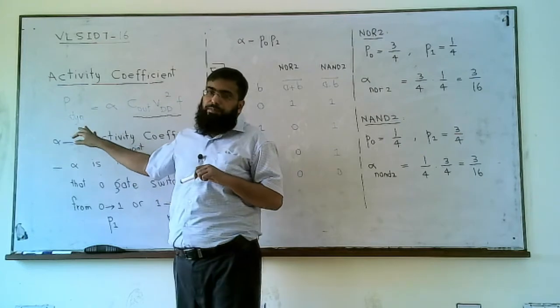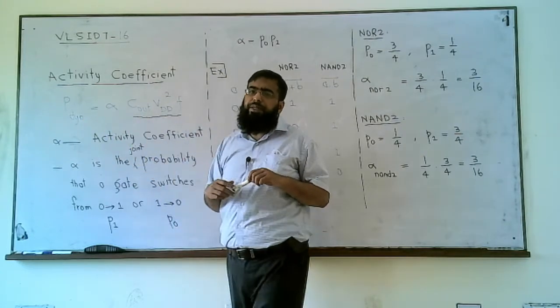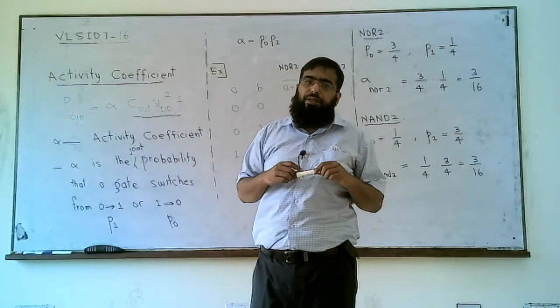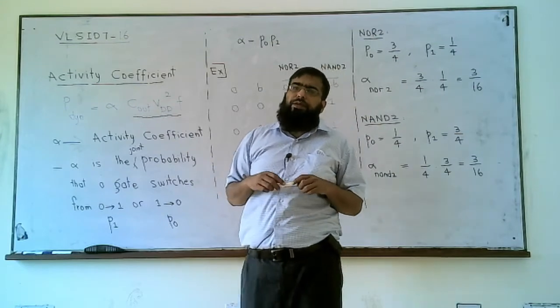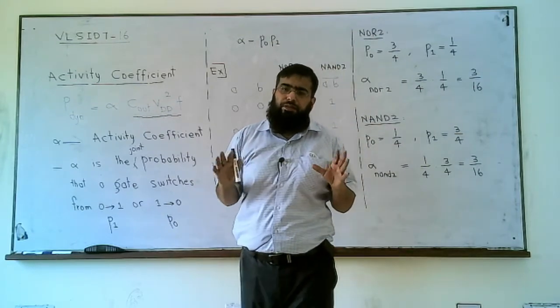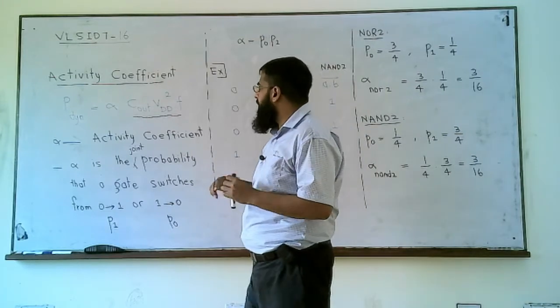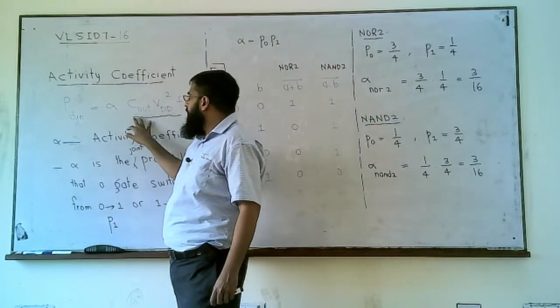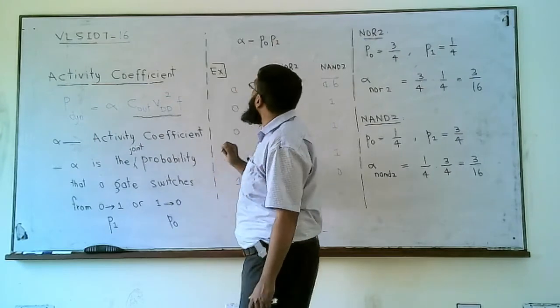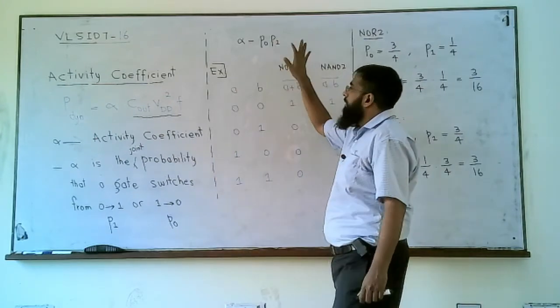It's not the static power. We studied one more power, that was the static power that comes into play when the gate is static in either logic 0 state or logic 1 state. This is the power dissipated when the gate switches, in short. So alpha is P0 times P1.